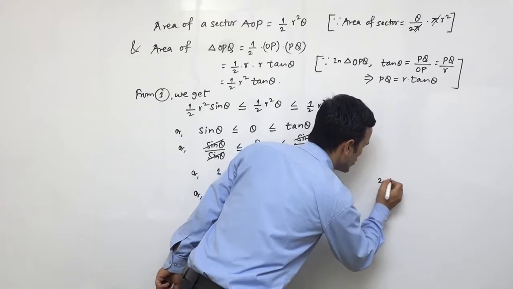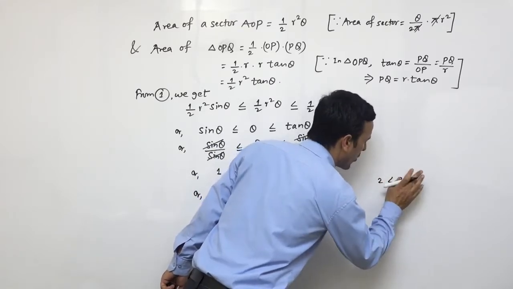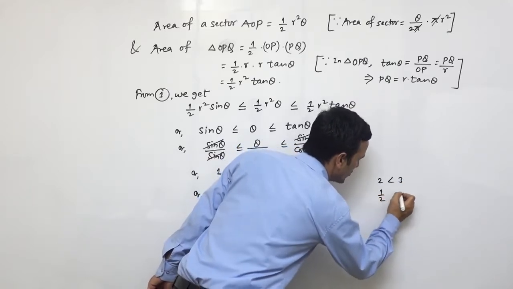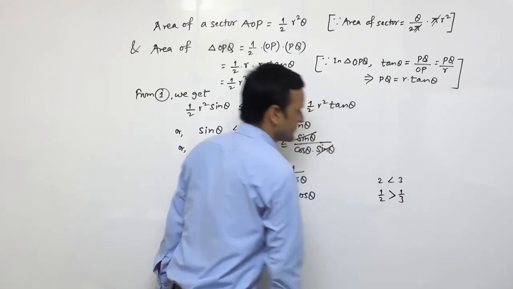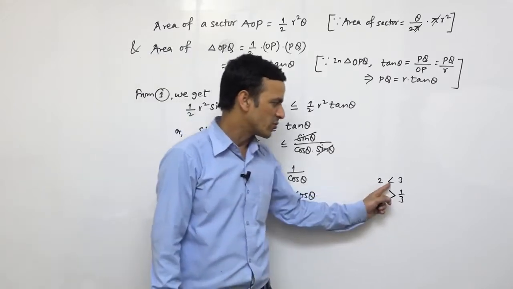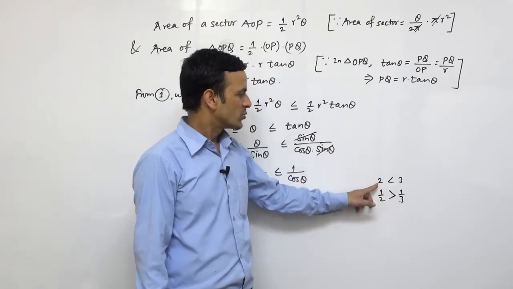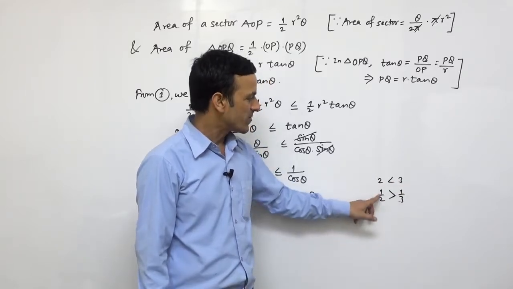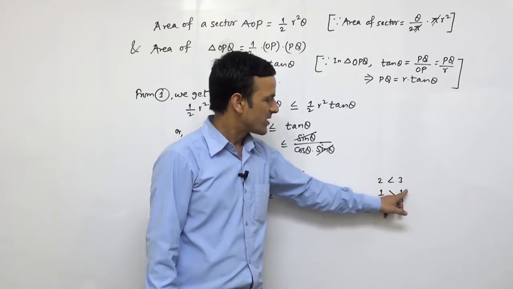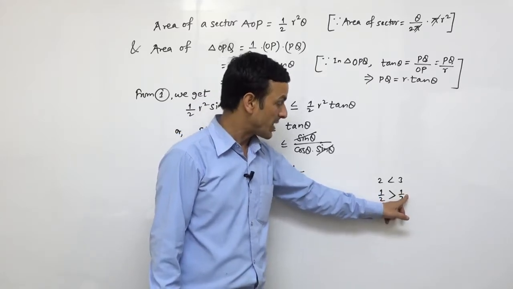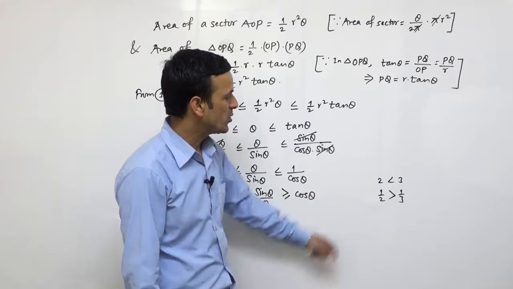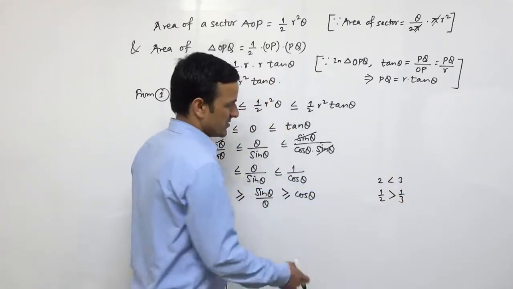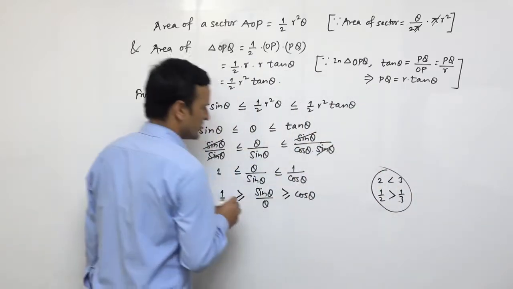If we know that 2 is less than 3, then on making it reciprocal, 1 by 2 is greater than 1 by 3. 2 is always less than 3, and 1 by 2 is 0.5, 1 by 3 is 0.3, so 0.5 is greater than 0.3. So if we make it reciprocal, the inequality sign will be changed.